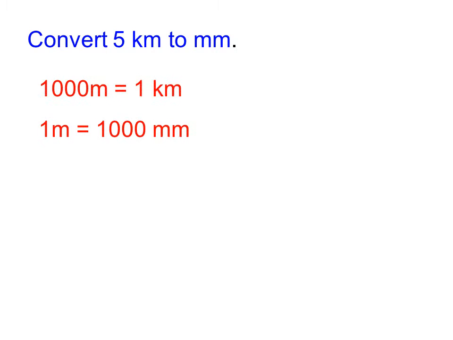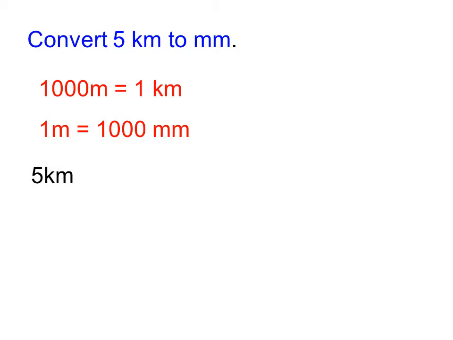Convert 5 kilometers to millimeters. Okay, so here you got to remember a couple of bits of information. The prefix milli means 1/1000th. So if a millimeter is 1/1000th of a meter, you can get 1,000 of those things in a meter.